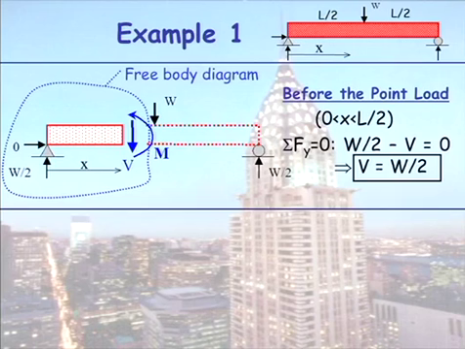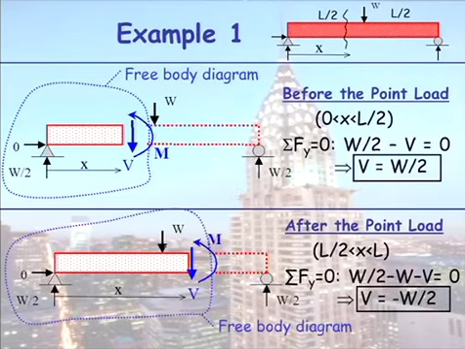Now in this instance here, cutting it before would give me the value of the shear force before, and then cutting it again after the point load would give me a different value of the shear force. For this particular example of a point load, I could cut it at any distance x from 0 up to the point load. The entire beam is L long, so between the distance of x between 0 and L on 2, my shear force has a constant positive value.